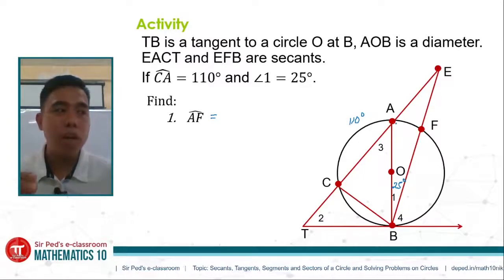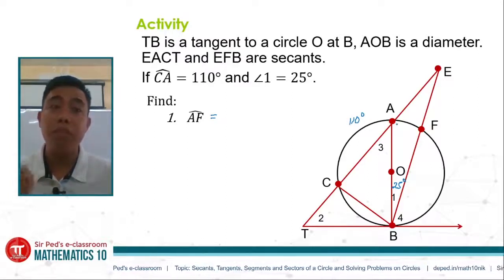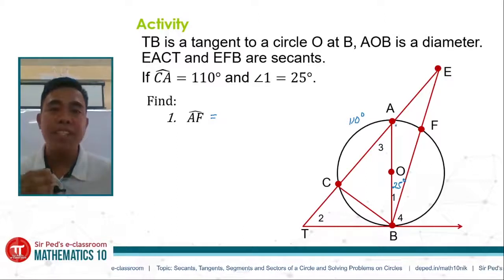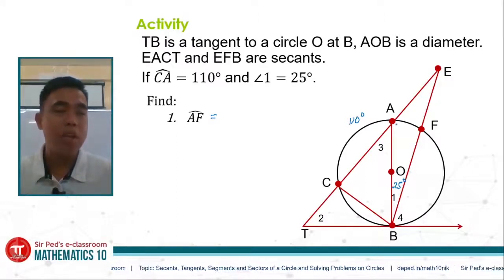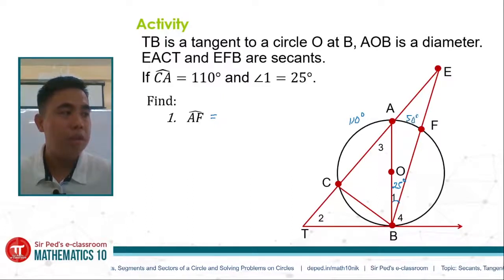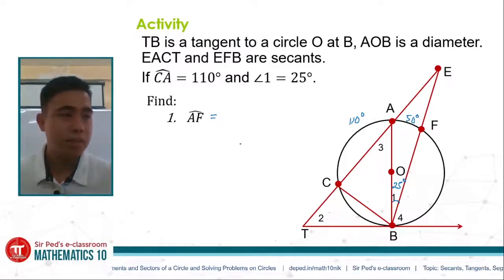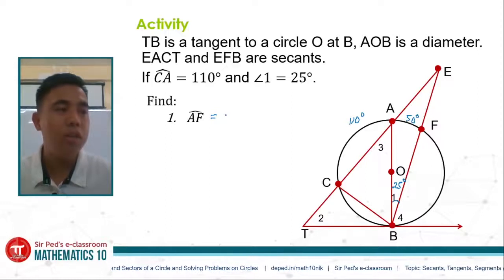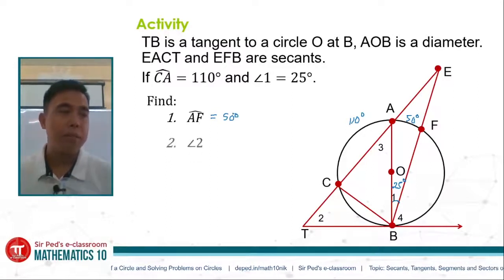But this one is an application of our previous discussion, which is on inscribed angle. So, since angle 1 is an inscribed angle, then the intercepted arc is times 2 of the inscribed angle. So, this will be 50 degrees. So, the measure of arc AF is 50 degrees.